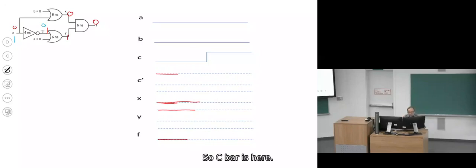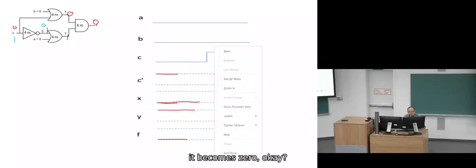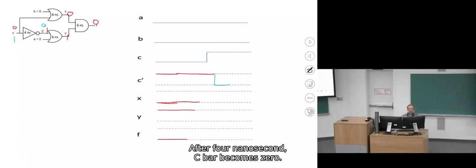So C bar is here, after 4 nanoseconds, let's say this is 4 nanoseconds, it becomes 0. And before that, it was 1. So it was 1 up to here. After 4 nanoseconds, C bar becomes 0.